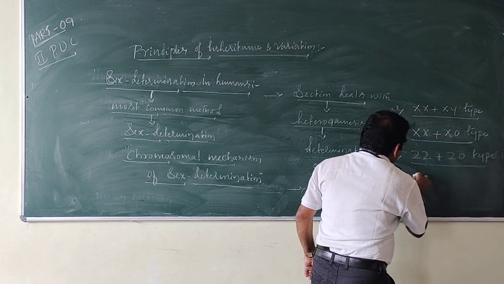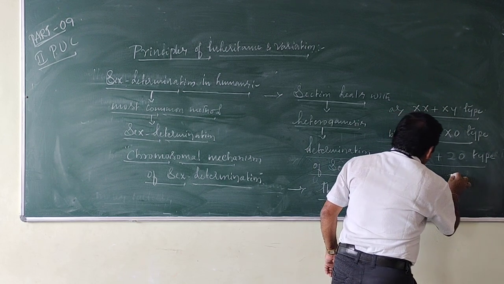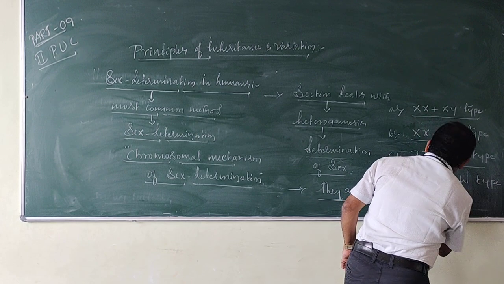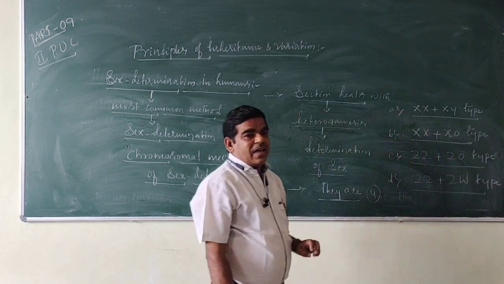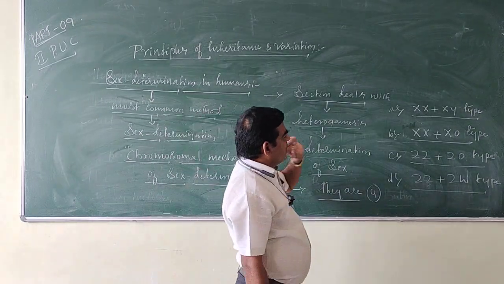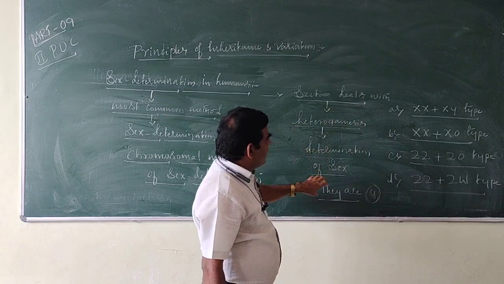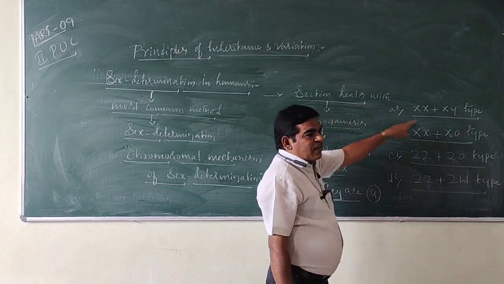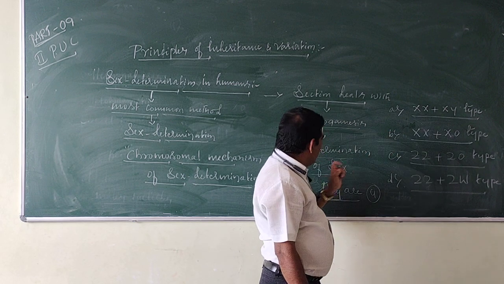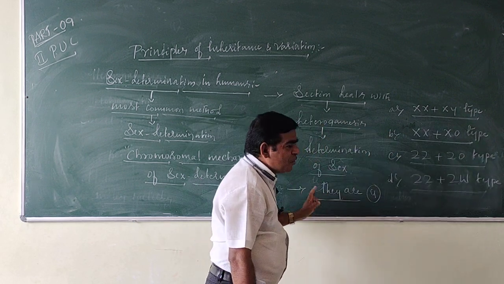And fourth, ZZ plus ZW type of sex determination. So in this section, I will deal with four types of heterogamety for the determination of sex.